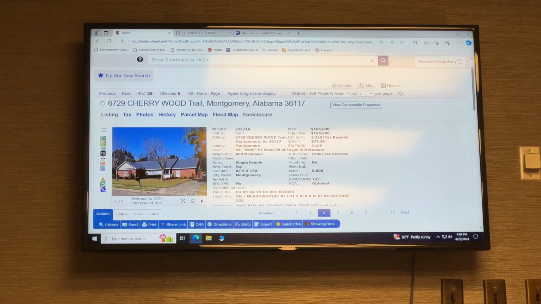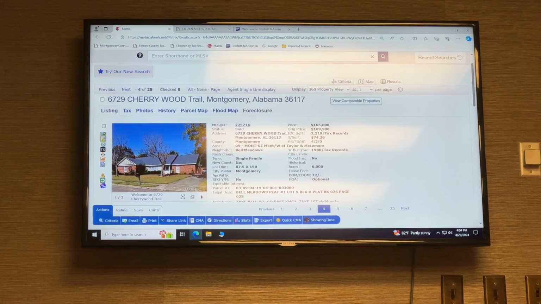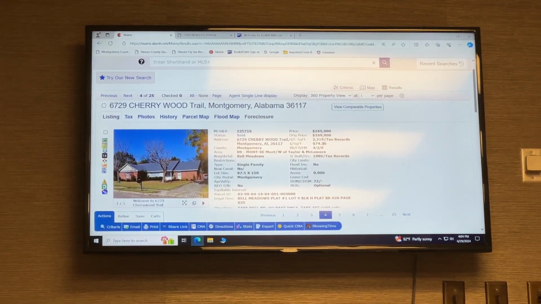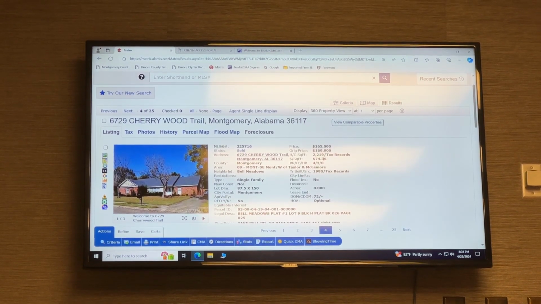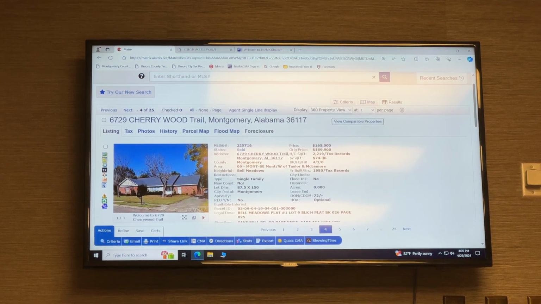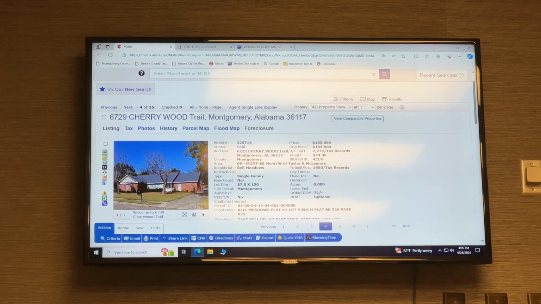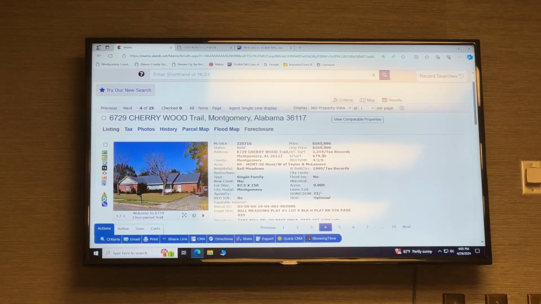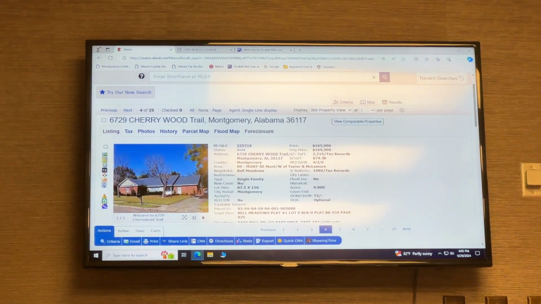I don't normally search by the legal name for the subdivision. I search by the neighborhood, because most of the time that's the way property is listed in our MLS system, by neighborhood. The reason we do that is because Bell Meadows has a legal description of Bell Meadows, but there's also another part of Bellwood, called Bellwood West. The sign when you turn in says Bellwood. So if you search by legal description, you could very easily miss something.